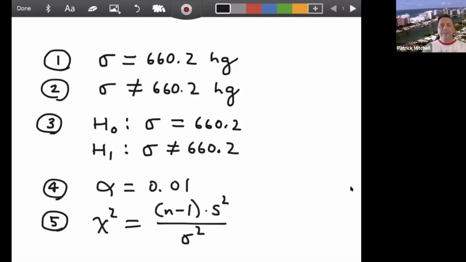Okay. So now I have to make a decision. Am I going to use the p-value approach or the critical value approach? I am going to recommend that if you're doing a 2-tailed test, and this is a 2-tailed test because the alternative hypothesis has a not equal as opposed to a less than or greater than, for a 2-tailed test involving chi-square, I am going to strongly recommend that you use the critical value approach.